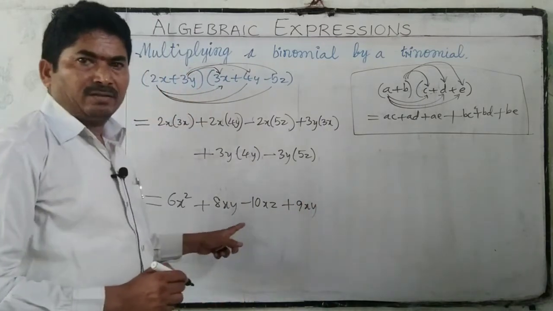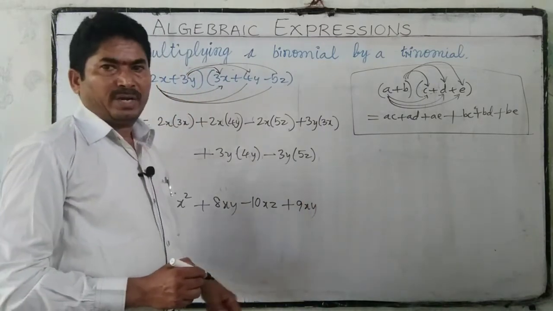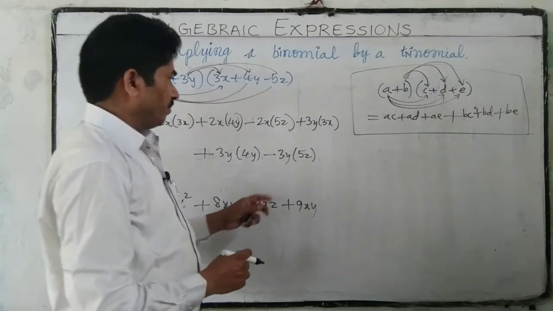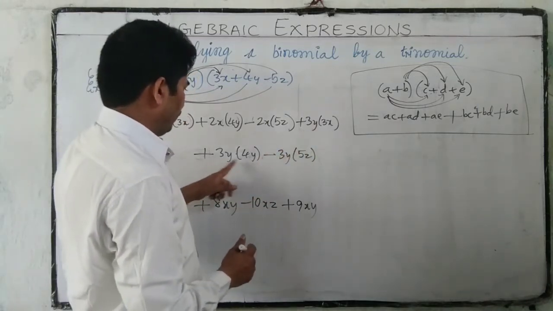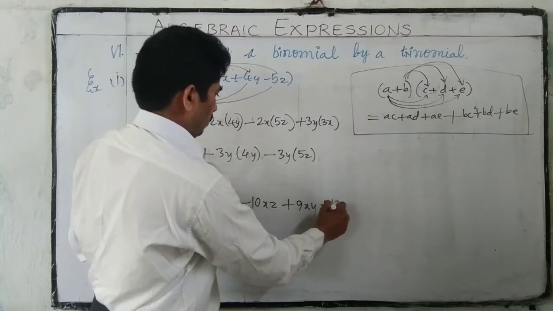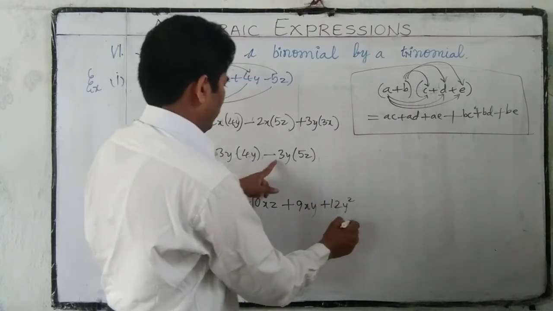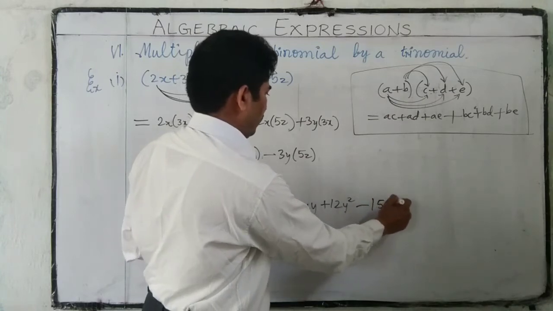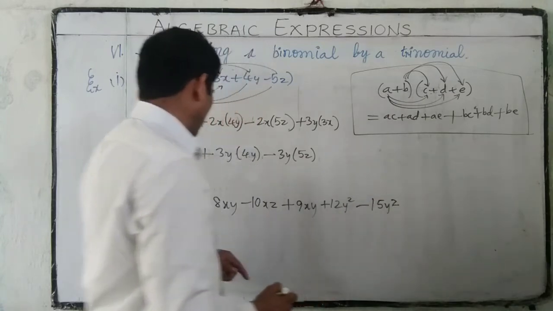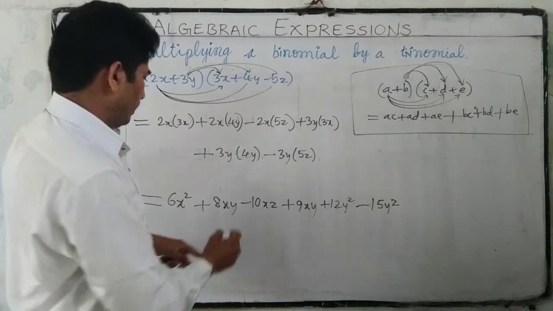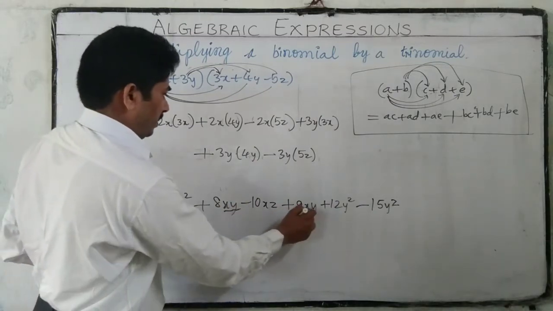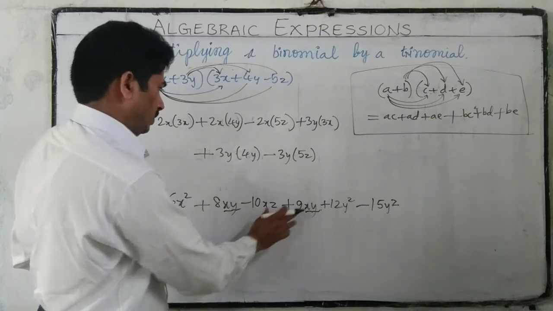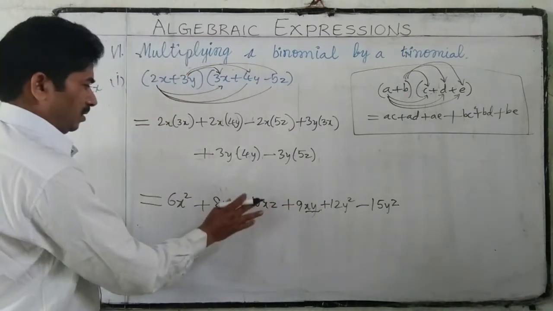We have to write the variables in alphabetical order to simplify easily. 3 4s are 12y square, minus 3 5s are 15yz. xy here, xy here, xy. So these are the only like terms.